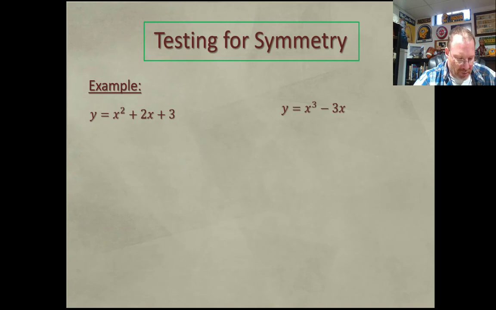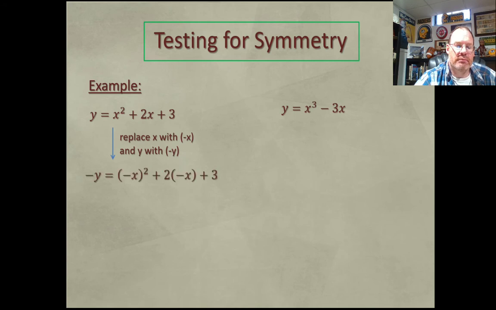So let's try these two equations. Replace all the x's with negative x. Replace all the y's with negative y. Simplify what you have.